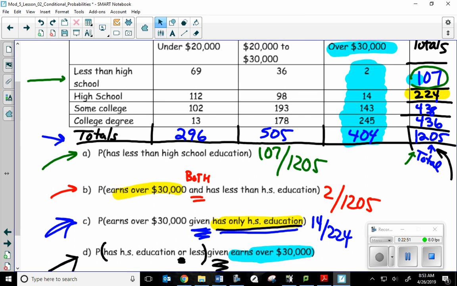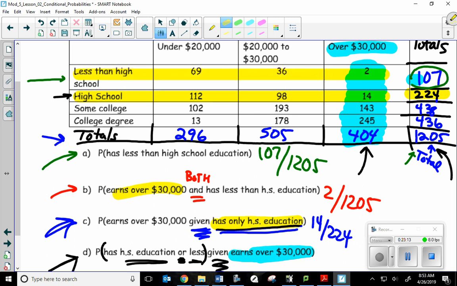Now, we need to pick out of that 404 that we're given to choose from either has a high school education or less. Well, here's high school education and less than a high school education. So really, they're asking us for 2 things, high school education or less given. So I have 14 that have a high school education, and I have 2 that are less than.